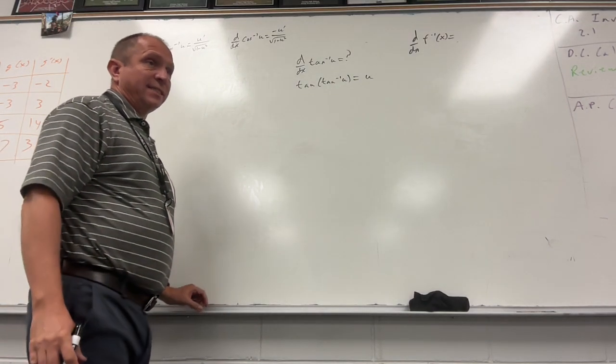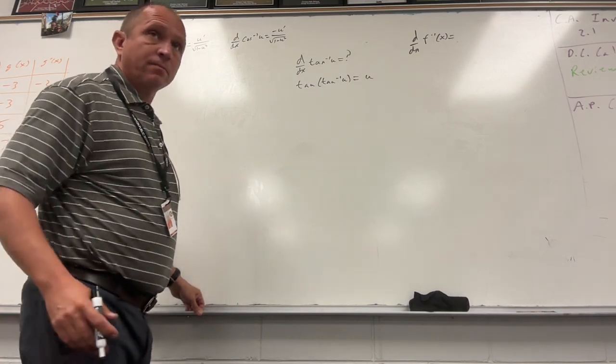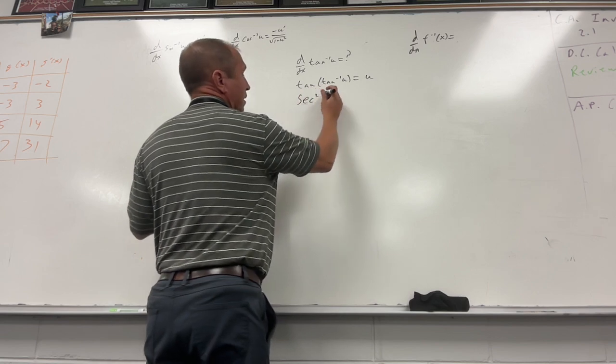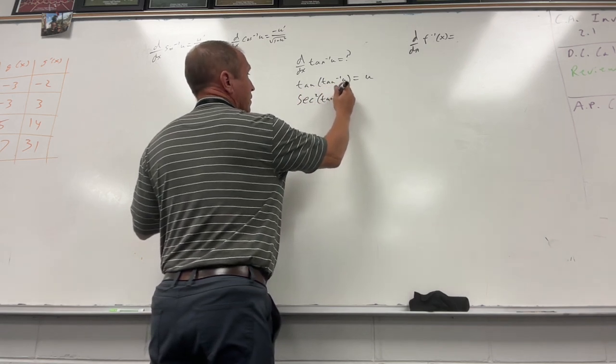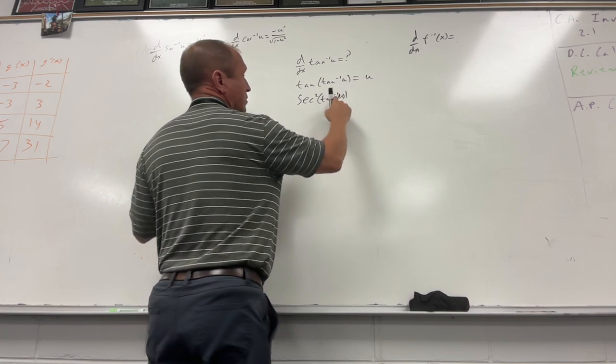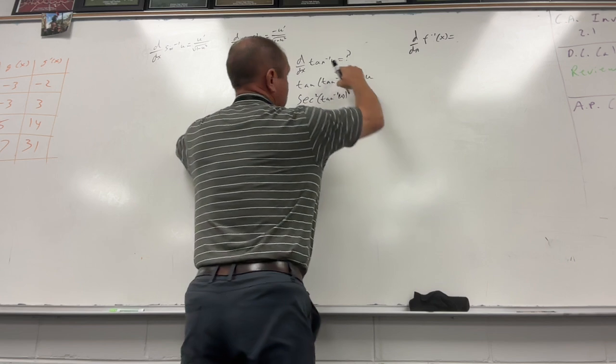And again, what is the derivative of the tangent of any angle? It's the derivative of the angle times the secant squared. Well, just times the derivative. In this case, it's of tangent inverse, which is what we're looking for.